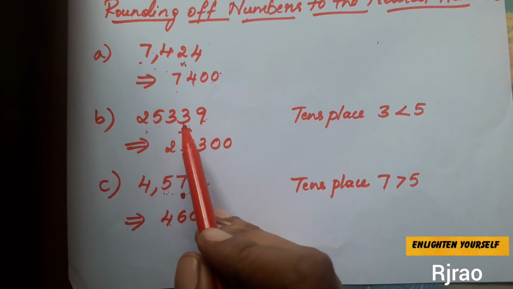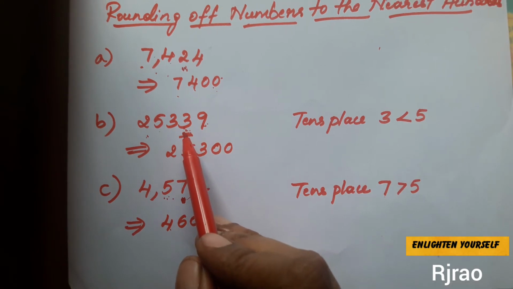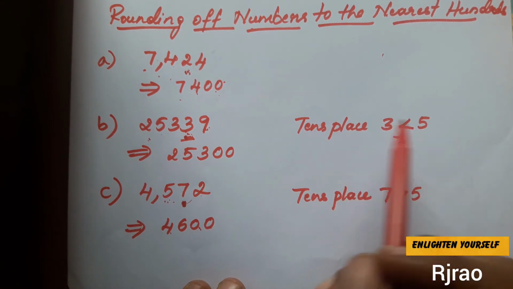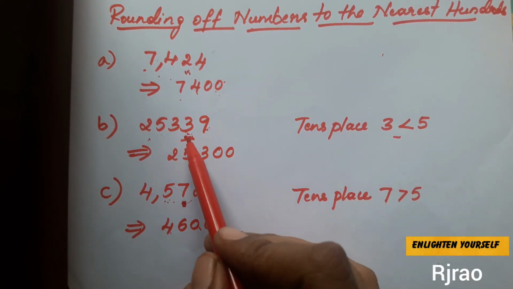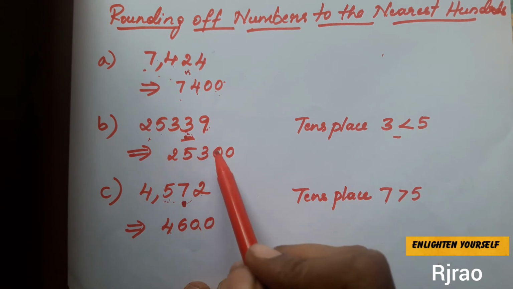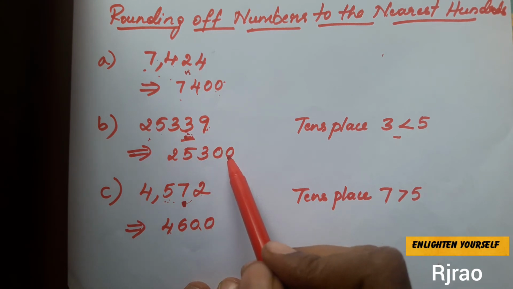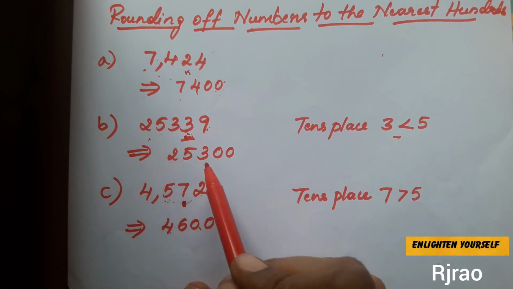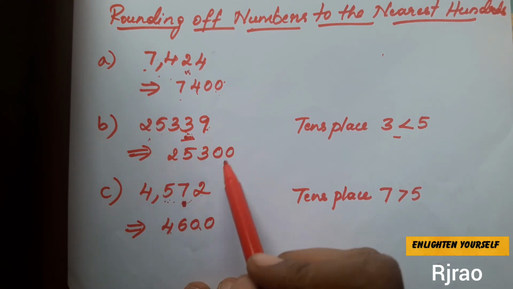The second sum, 25339. Here in the tens place the digit is 3, which is again less than 5. So we round off the tens and ones places to 0, and the hundreds place digit stays the same, that is 25300.